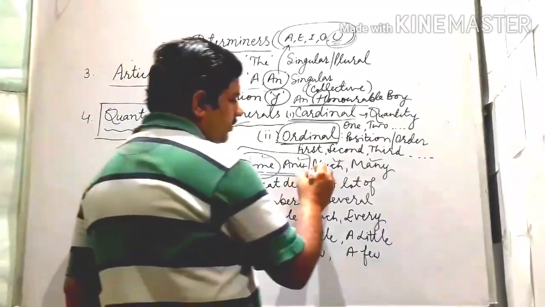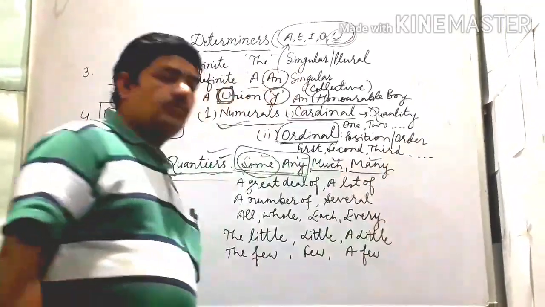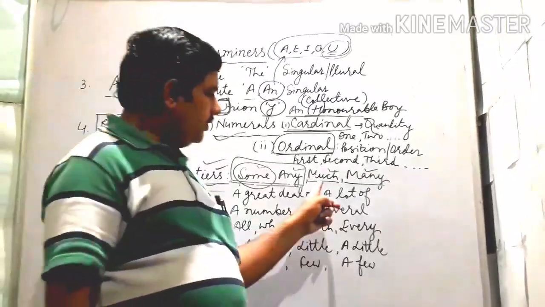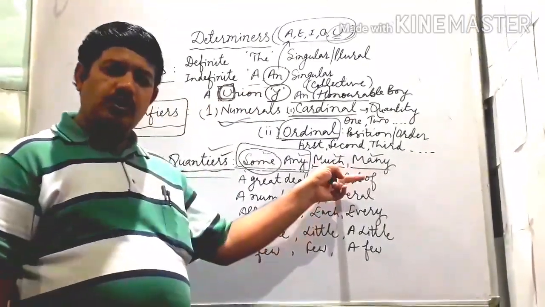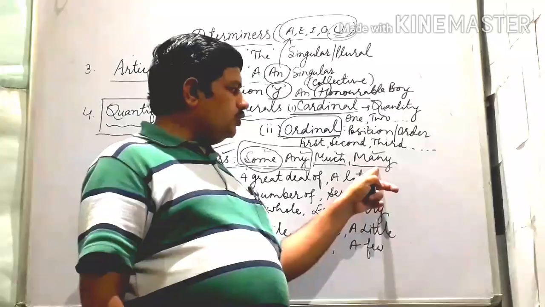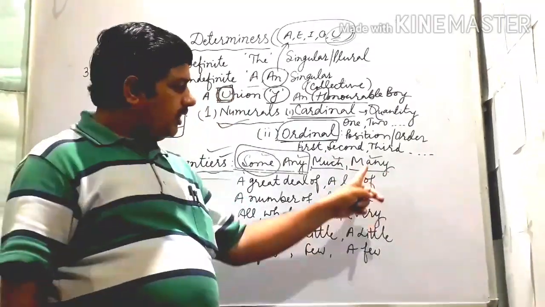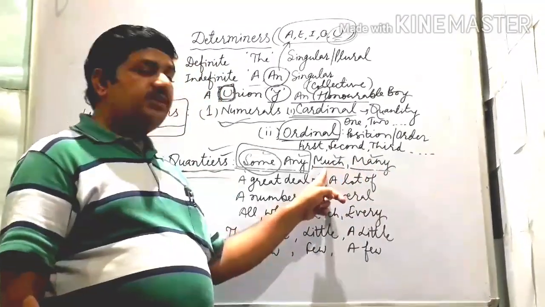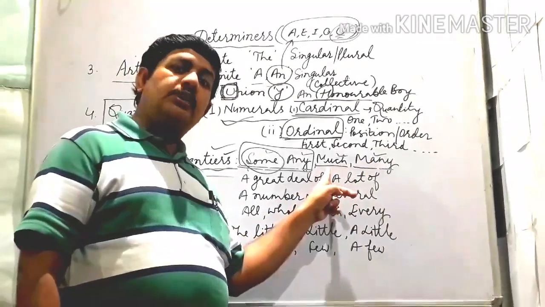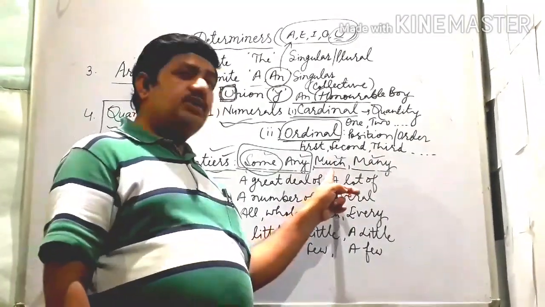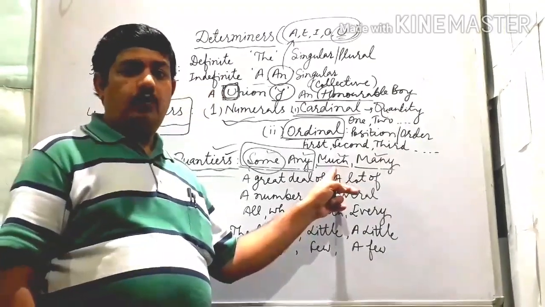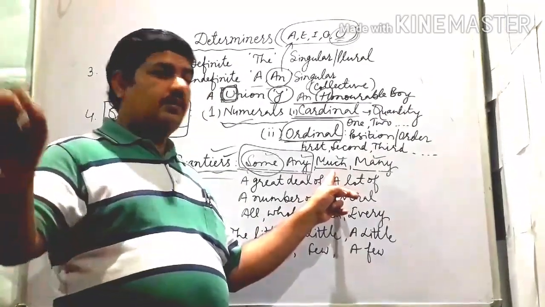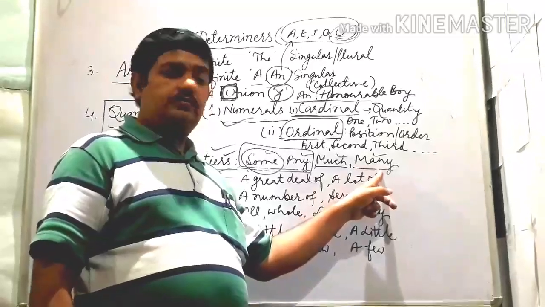In the same way, we have much and many also. Much refers to some kind of quantity. Many also refers to some kind of quantity, but here many is for countable nouns, and much is for uncountable nouns. Like he has much money. There is much water there. Well, I have many friends.